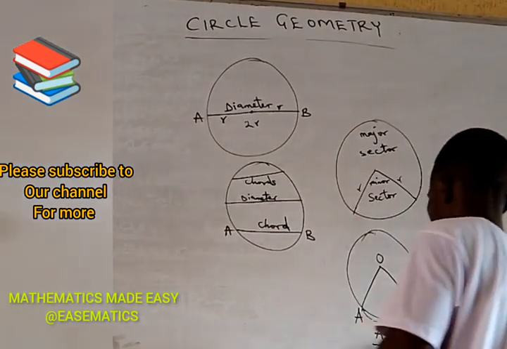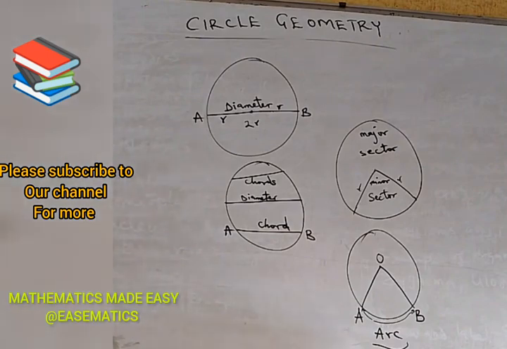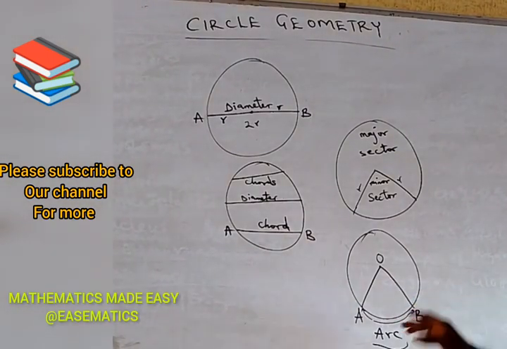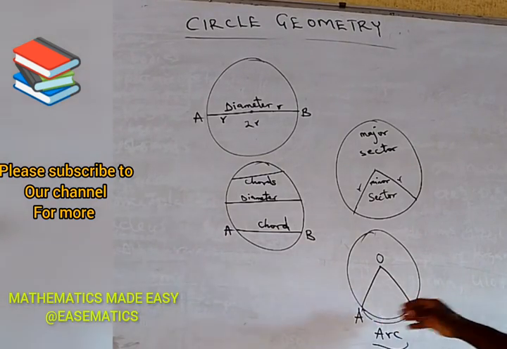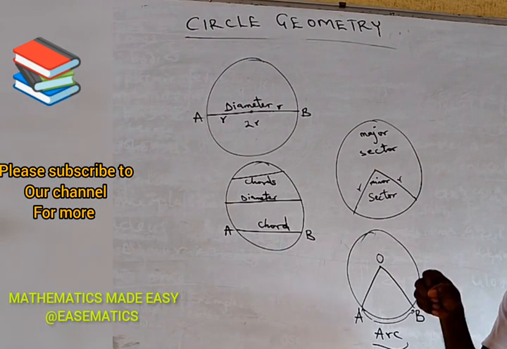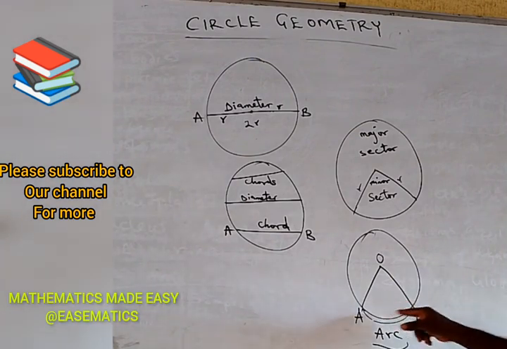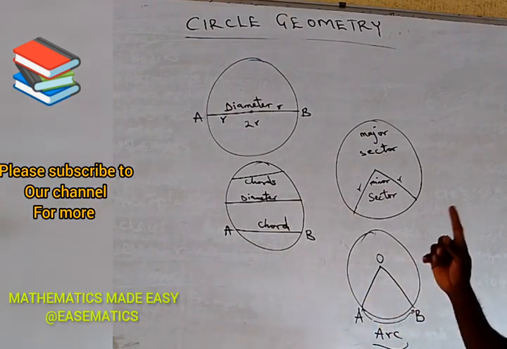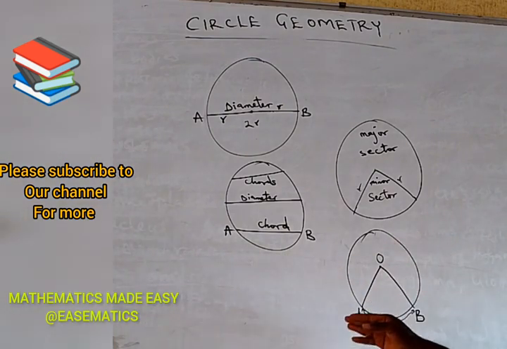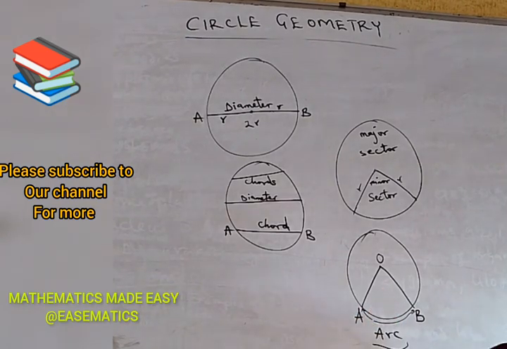And what is an arc? In a circle, an arc is just a curve that is being cut out on the outer part of the circle, that is on the circumference of the circle, when two radii of a circle meet at different points of the circumference.